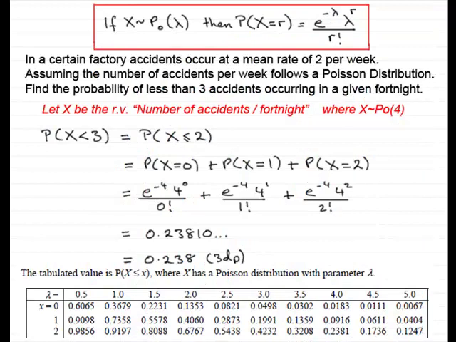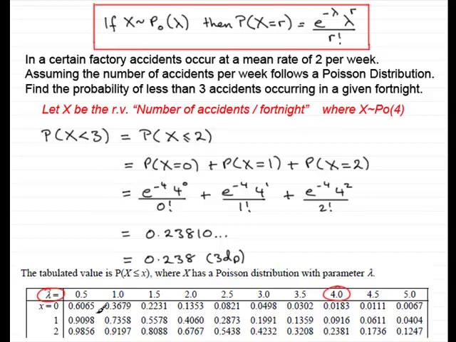So here we have a section of the tables, where we've got lambda at the top and the various values of x down here. For this particular problem we've got lambda equals 4, and we wanted the probability that x is less than or equal to 2.